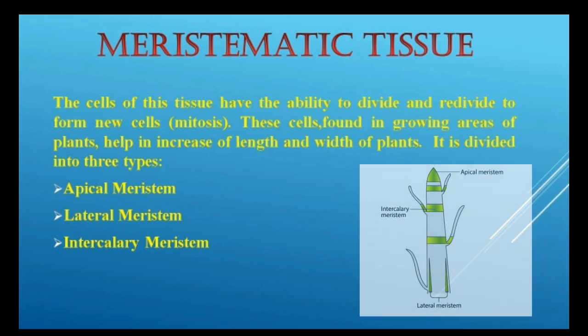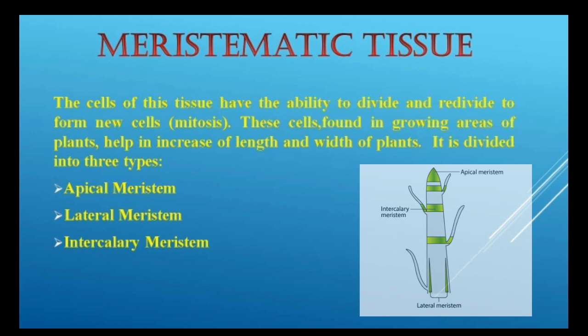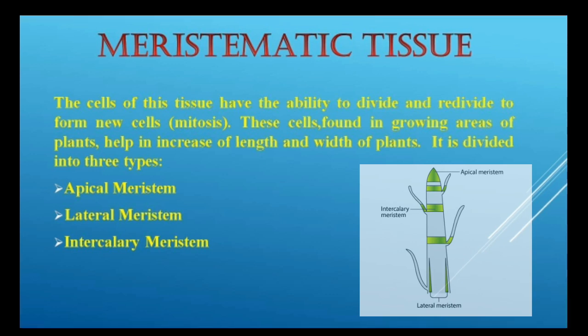The cells of the tissue have the ability to divide and redivide to form new cells, and this performs the cell division as mitosis cell division. We'll come to this mitosis cell division later on in this chapter also. Now these cells are found in growing areas of the plants, and help in the increasing of the stem and the roots.